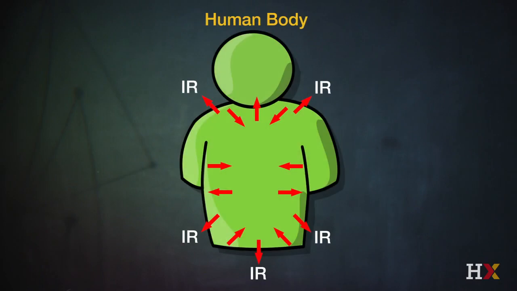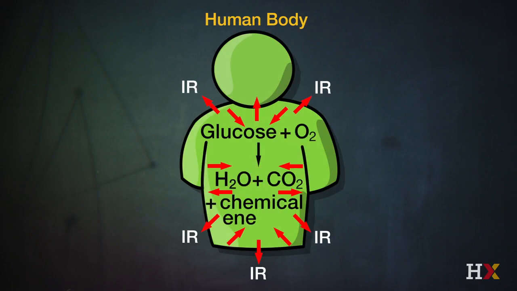We can describe this in a model form where we have glucose reacting with oxygen to produce water, CO2, and chemical energy. And the remarkable thing is that almost all organisms use the same molecular structures to produce that energy.